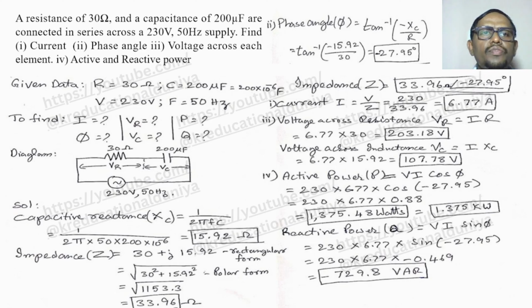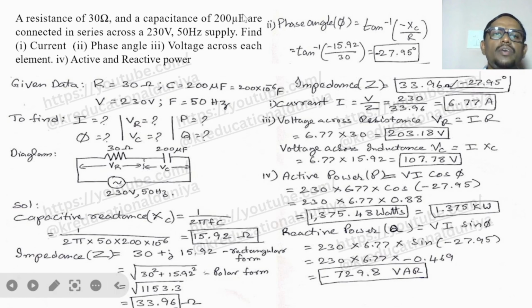So what is the given data they have given? A resistance of 30 ohms, that is R equal to 30 ohms, and a capacitance of 200 microfarad, so C equal to 200 into 10 power minus 6 farad, connected in series across 230 volts. So V equal to 230, frequency equal to 50 Hz.